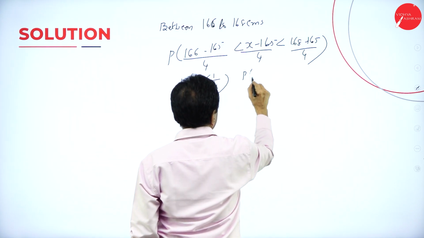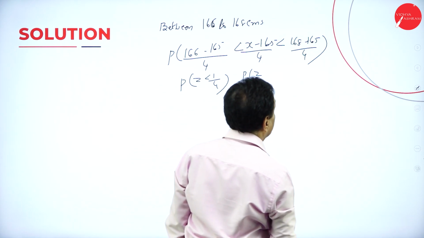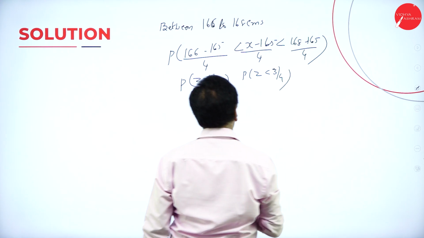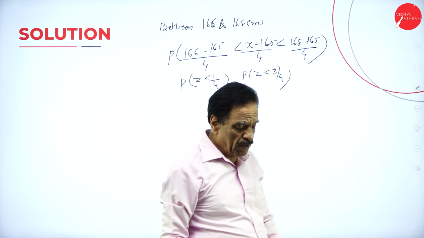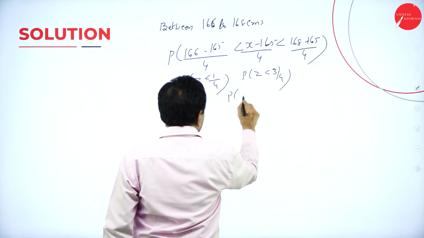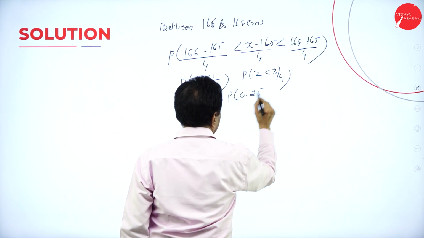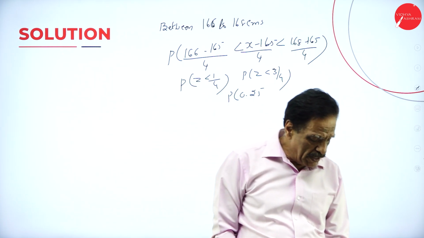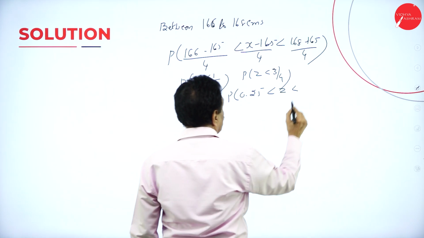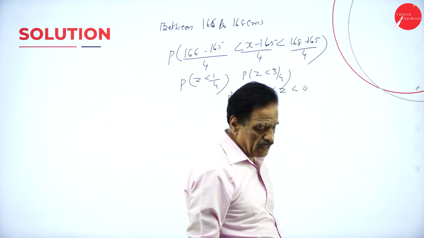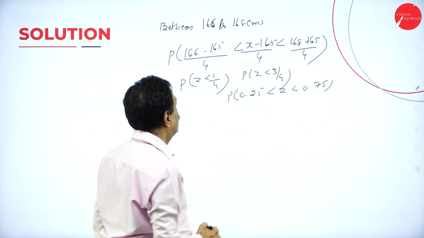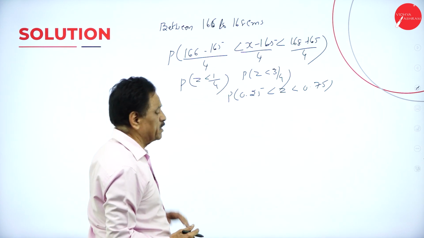Then 168 minus 165 is 3 divided by 4. So 1 divided by 4 and 3 divided by 4. It is P of 0.25 less than Z less than 0.75. So both are positive figures.